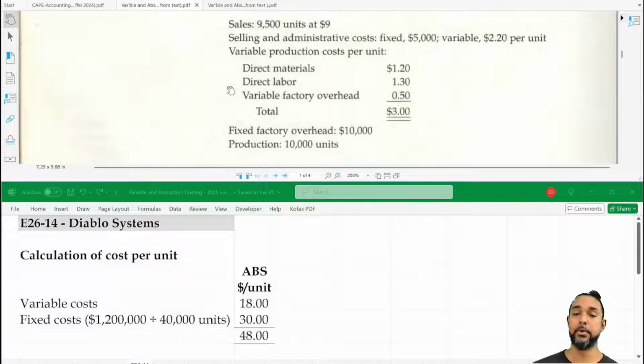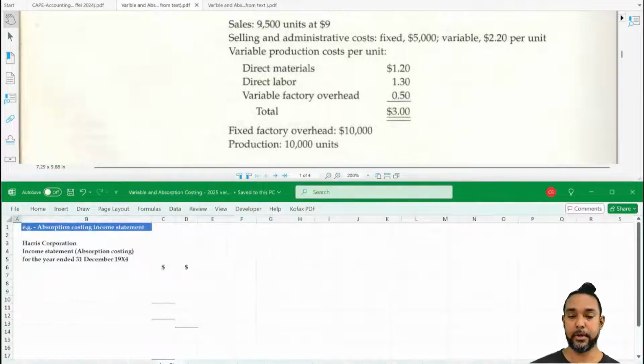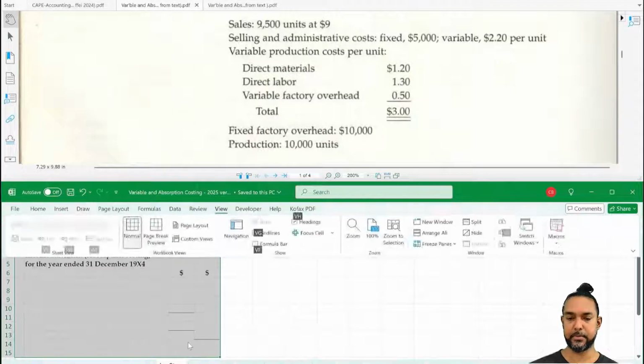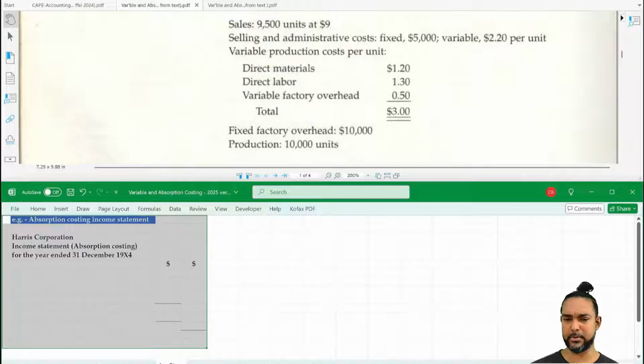So that's what I'm going to do. And we're going to start with Harris. That's still very small. Maybe I could do a left and right split. Hold on, give me one sec.